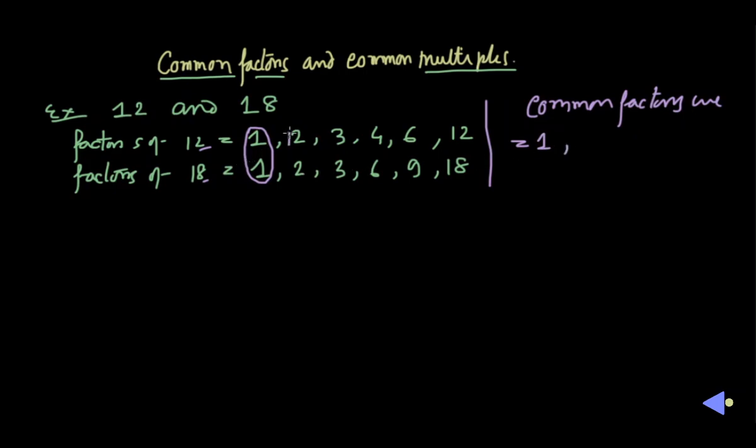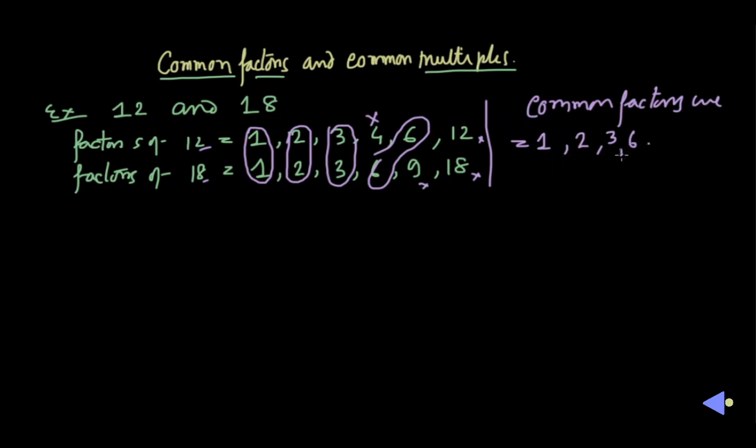Next, 2 is also a common factor. Again 3 is present in both, so 3 is also a common factor. But 4 is not a common factor since it is not present in 18. 6 is a common factor, so we write 6. The rest of the numbers are not common factors: 9, 12 and 18 are not common.